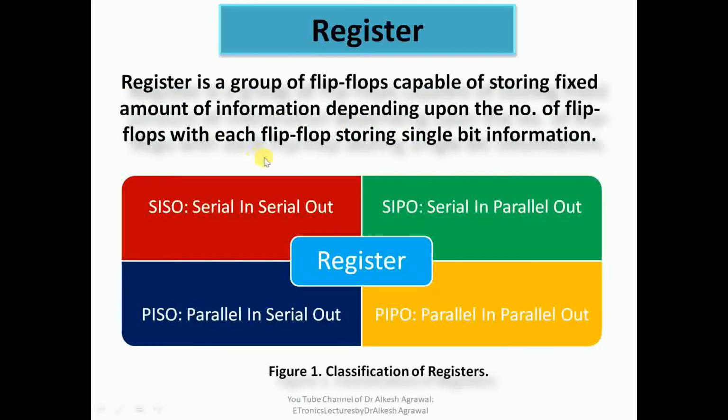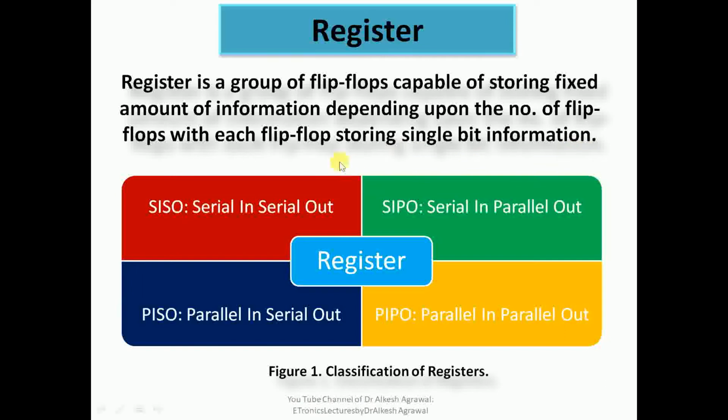So first of all, we'll discuss in brief what a register is. In the previous lecture we studied different kinds of flip-flops. A register is nothing but a group of flip-flops that are capable of storing a fixed amount of information, and that amount depends upon the number of flip-flops connected, each flip-flop being capable of storing a single bit.